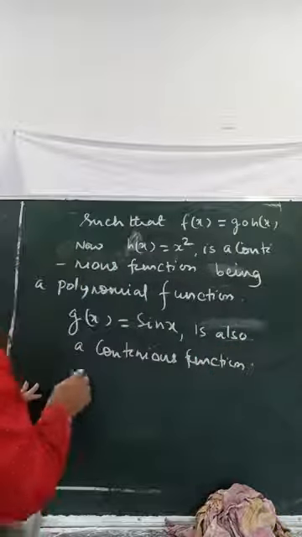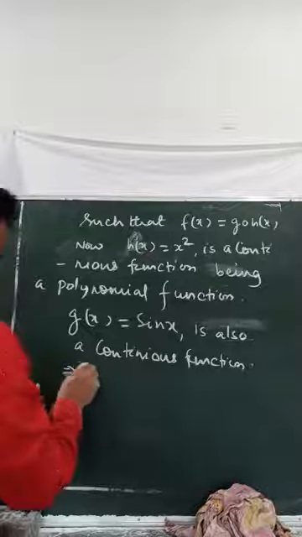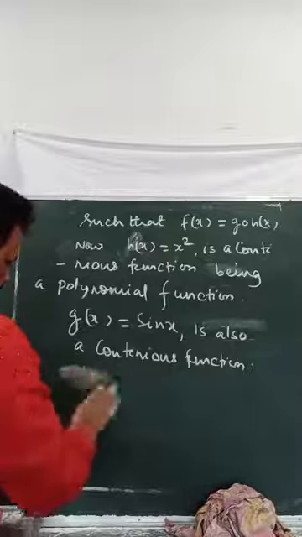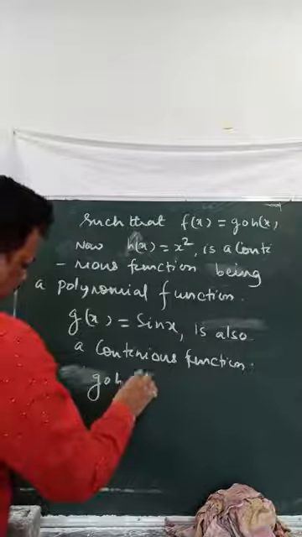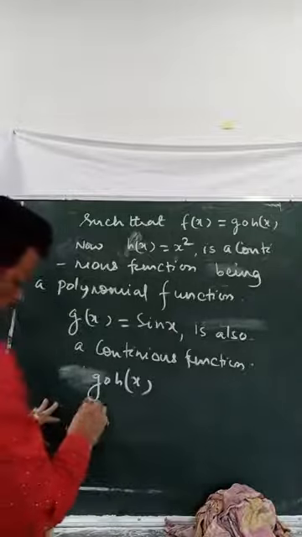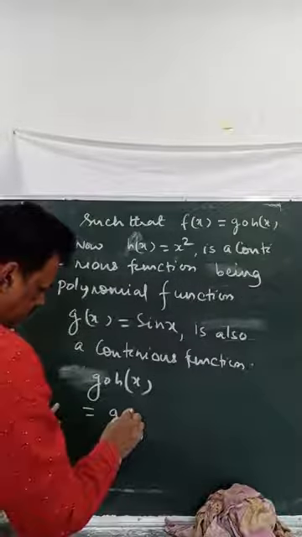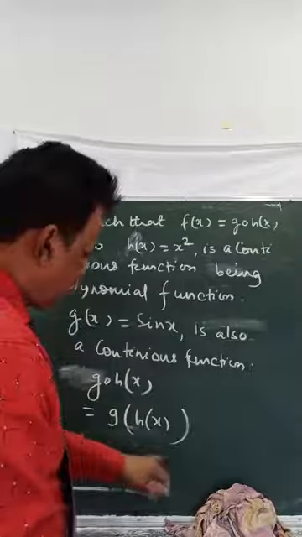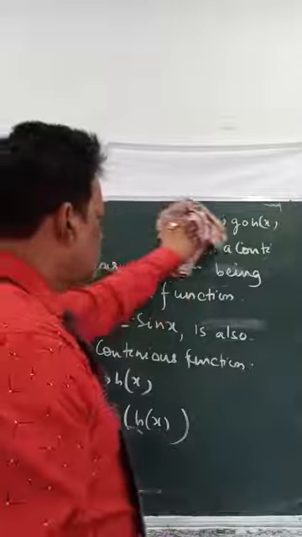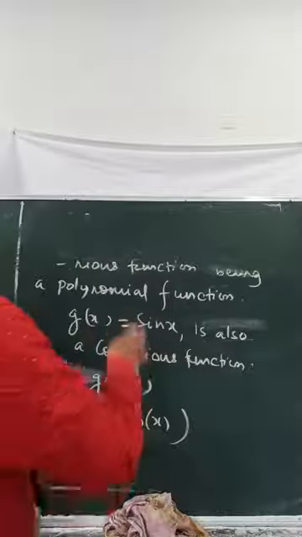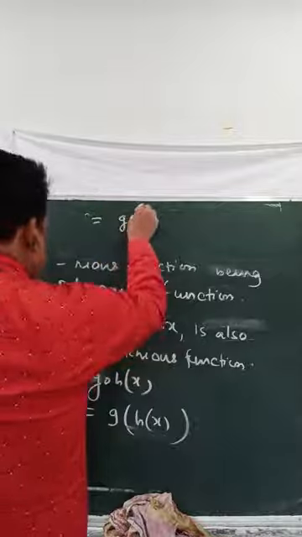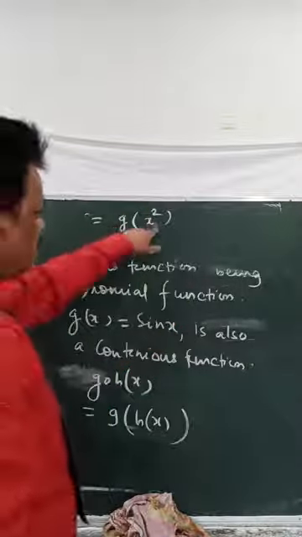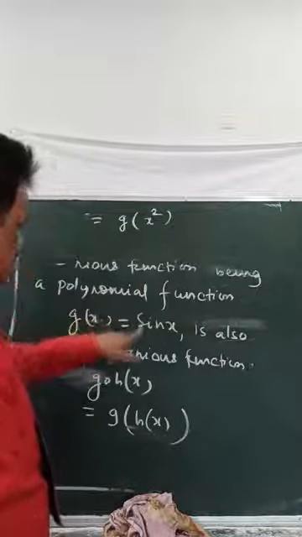Now, this implies g of h(x). Put the value of h(x), what will you get? X square, that is g of x square. What is g making? Sine of the angle. Look at how we have defined g(x), sin x.